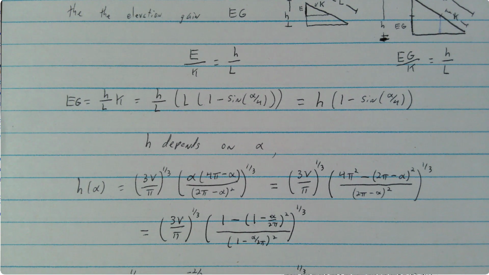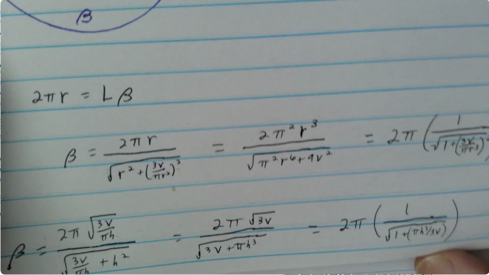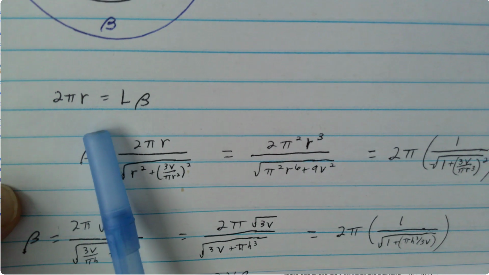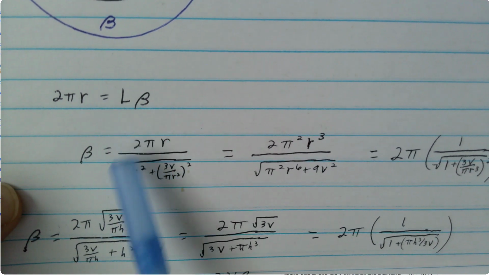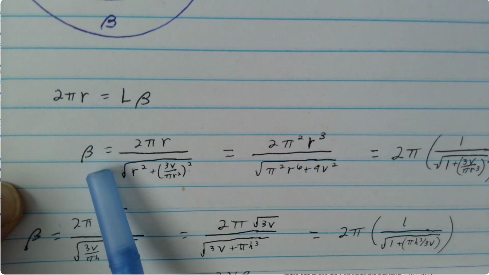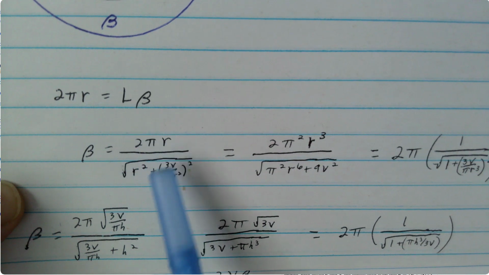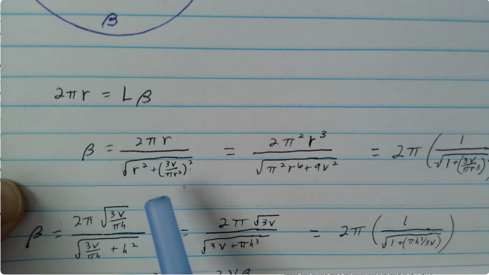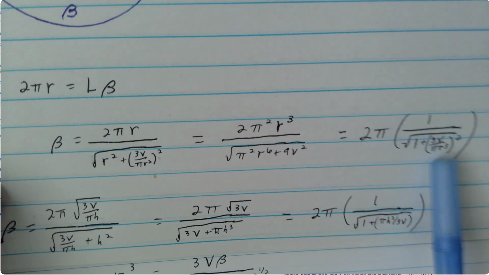Actually, I started to show it and then I left it. So back to my work. 2 pi r equals L beta. So beta is 2 pi r divided by L. That's in terms of r.